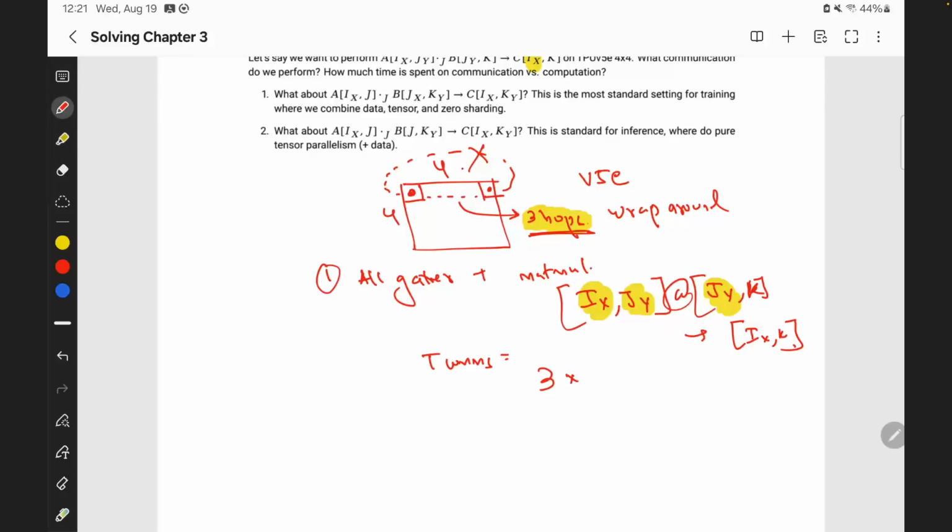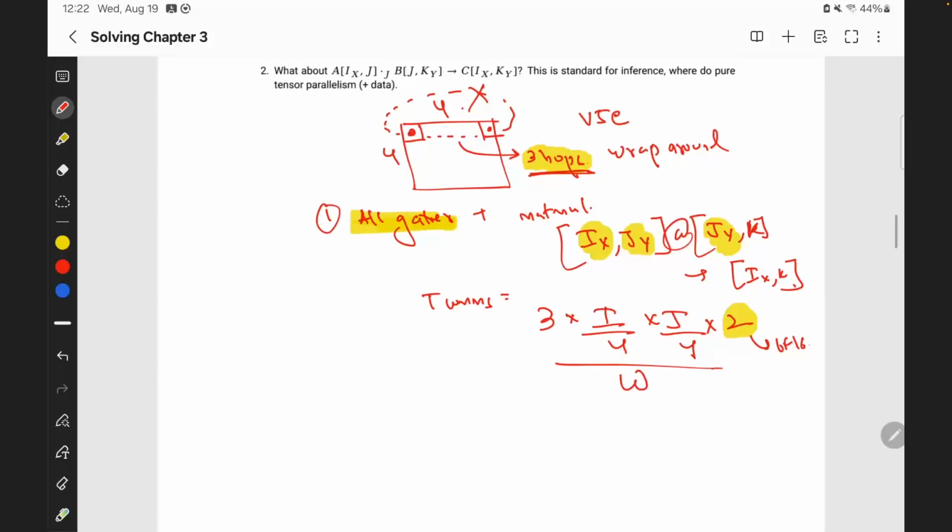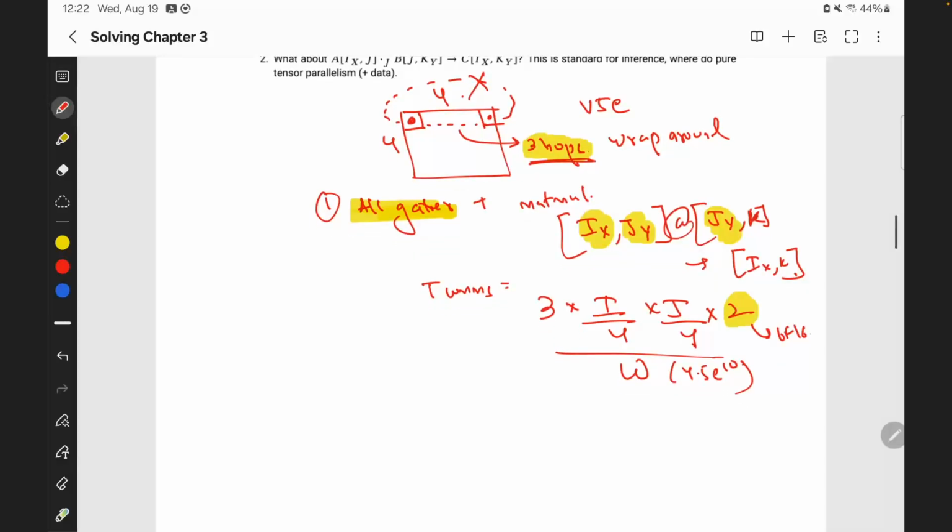You will be transferring this data across the devices, because we'll first be doing an all gather on all of them. So i is sharded and j is sharded, and you need to multiply with 2 because this is BF16, and divide by the bandwidth, which is 4.5e10. You can cross verify that from the TPU architecture.